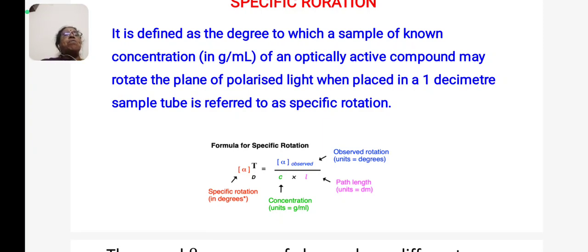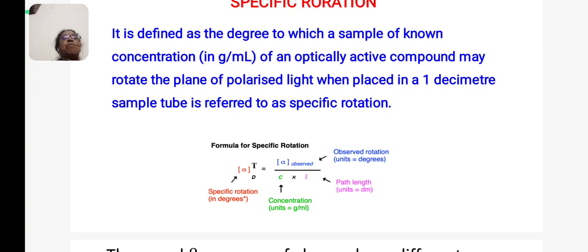where alpha observed is the observed angle of rotation, that is, how much the plane polarized light is rotated. If the rotation is in the clockwise direction, then those substances are said to be dextro-rotatory substances. If the optical rotation is in the anti-clockwise direction, that is left, they are said to be levo-rotatory substances.